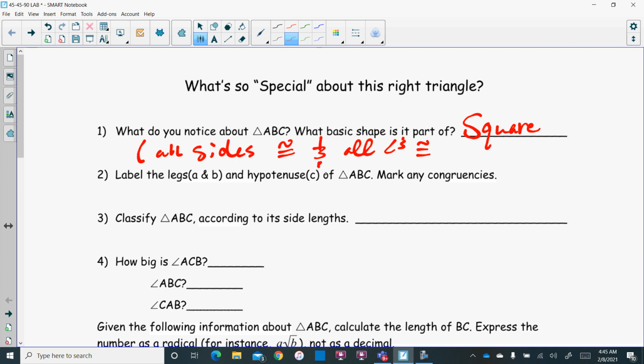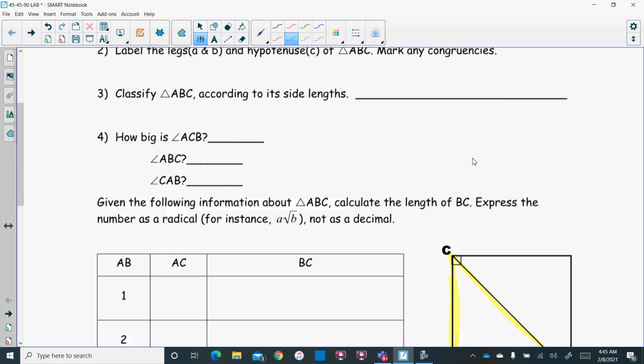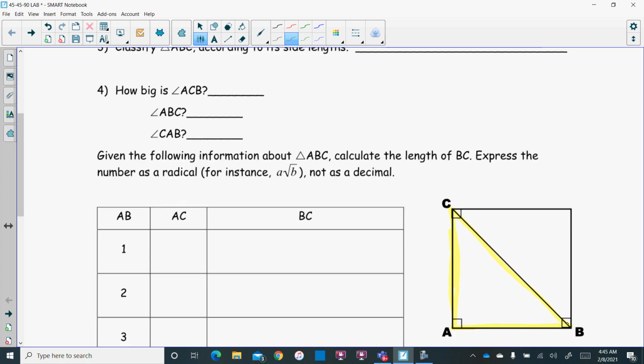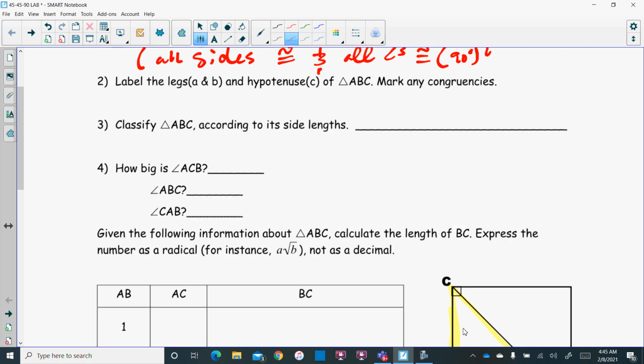In order for that to happen, that means each angle has to be 90 degrees, and they already indicated that with this box they have here. What they want us to do is label the legs A and B, the hypotenuse C, and mark any congruency.